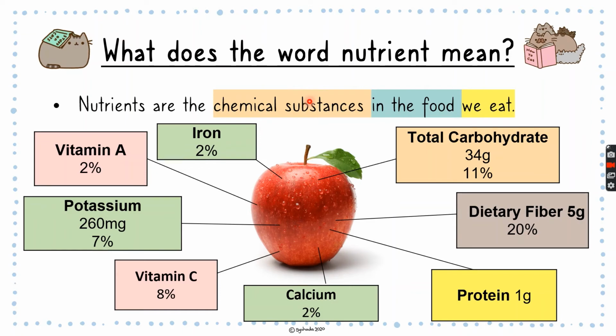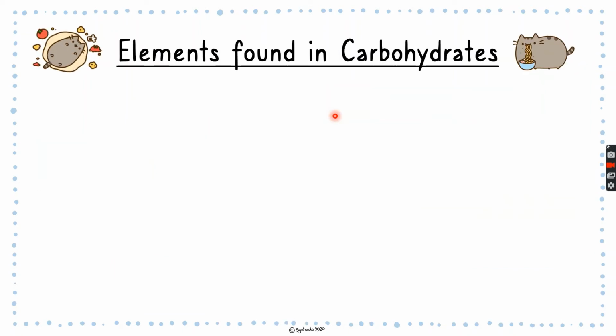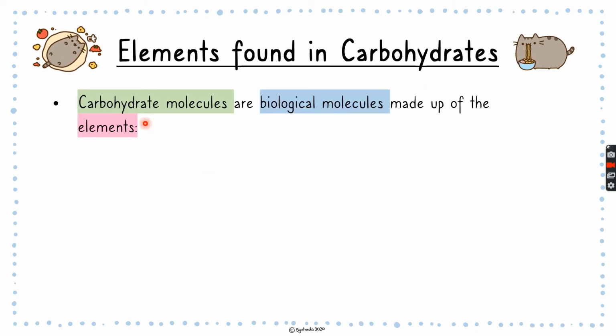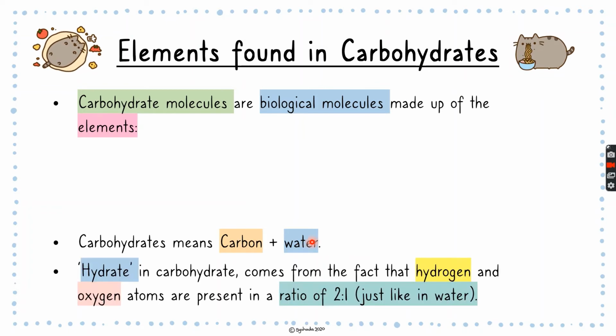So they're all actually chemical substances, like the chemical elements that you can find in your body. They are also molecules as well. Carbohydrate molecules are biological molecules that are made up of these elements. So we talked about elements just now, and you can find that in your periodic table. So the word carbohydrate comes from the meaning carbon plus water.